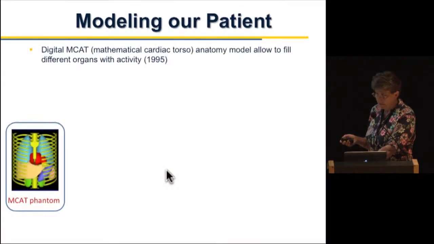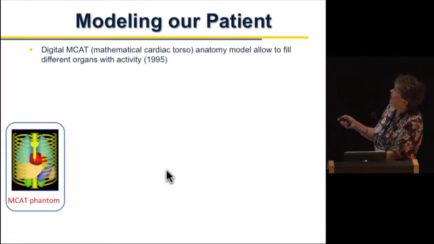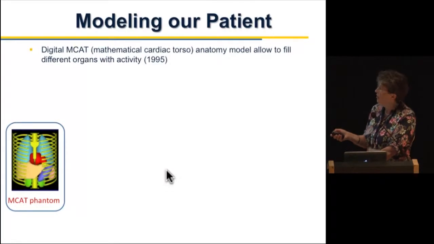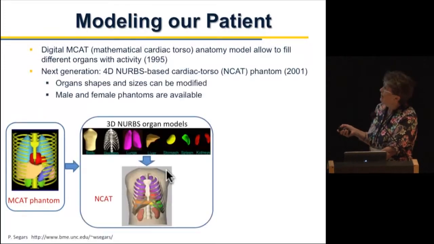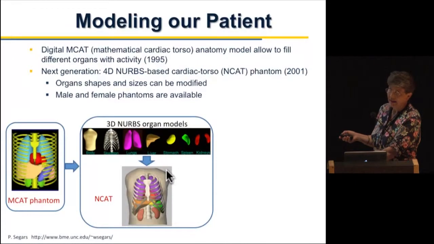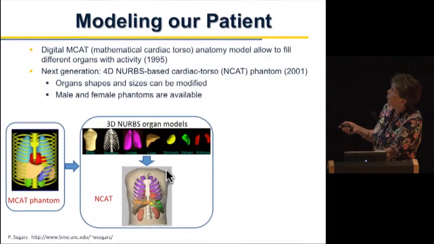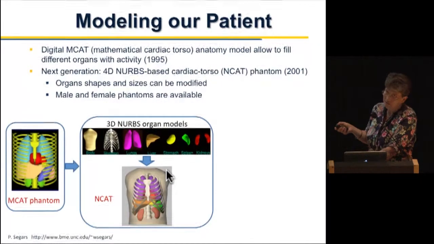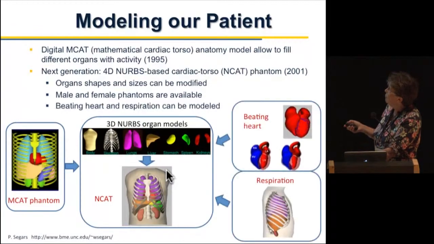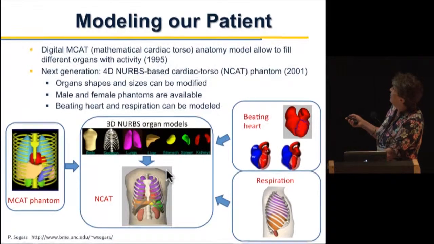So, talking about the patient, the first phantom, which was created in 95 or even earlier, was the MCAT phantom. This was a geometrical model of the patient. The next generation is the NCAT phantom. This is actually a series of primitives or shapes which are created with NURBS, and they are not voxelized, they are smooth, and you can fill them with different levels of activity or no activity, and combine them with attenuation.